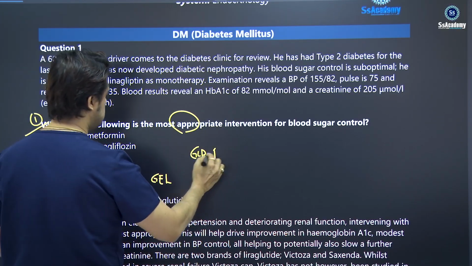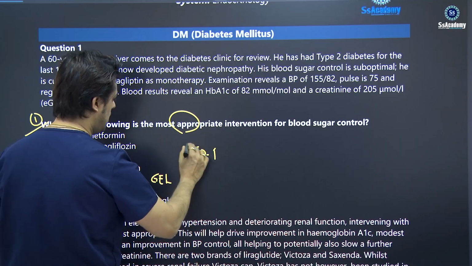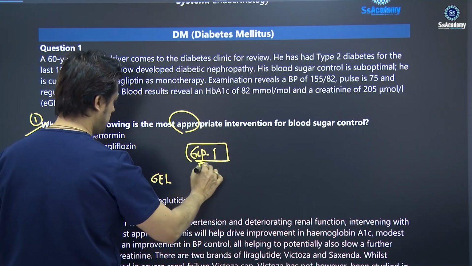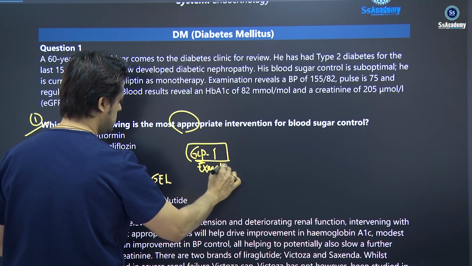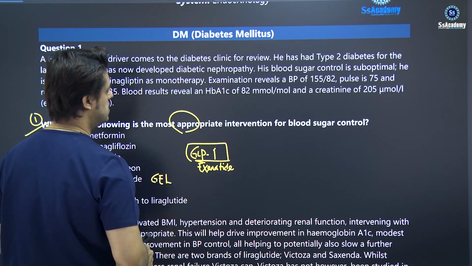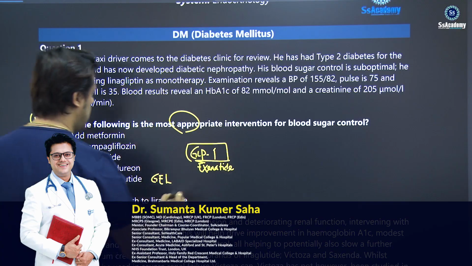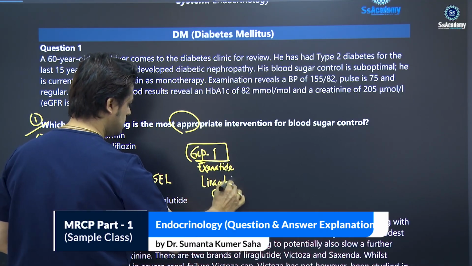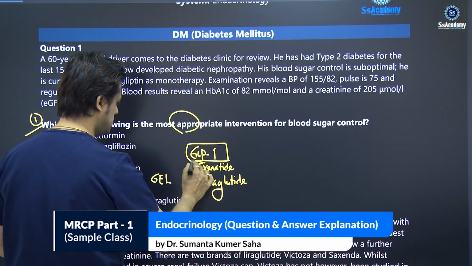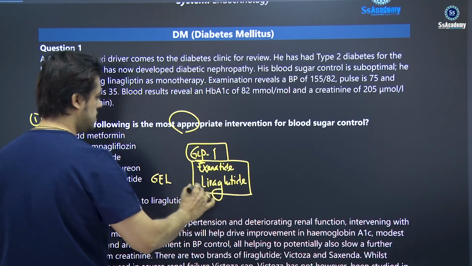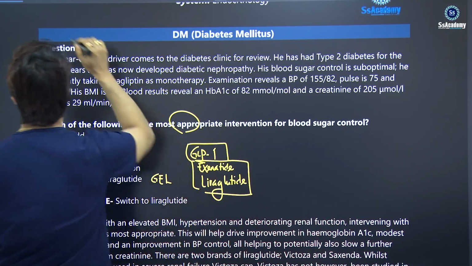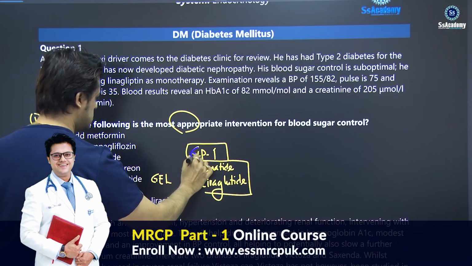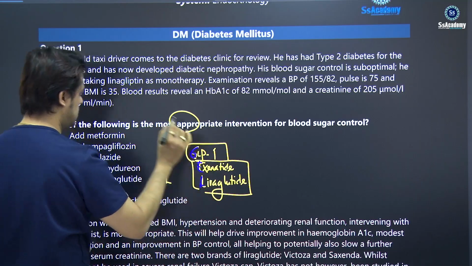So GLP-1 drugs are nothing but E for the exenatide, yes my dear, and also the L for liraglutide. So this is all over the gel. So GEL, yes, my dear. You can take another color so that you can see this is the gel.